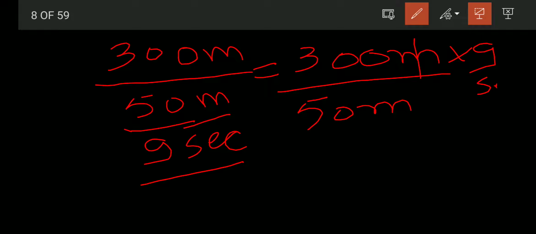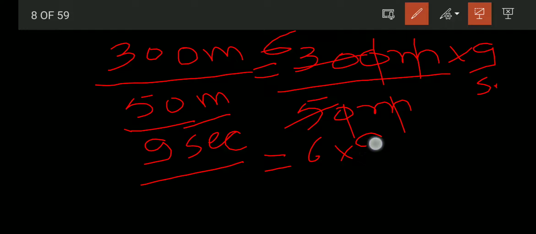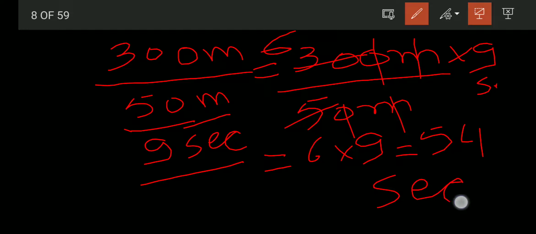So meter gets cancelled, 0 0 gets cancelled, 5 6s are 30, 6 into 9, that is equal to 54, and what is left in the unit? Second. So 54 seconds.